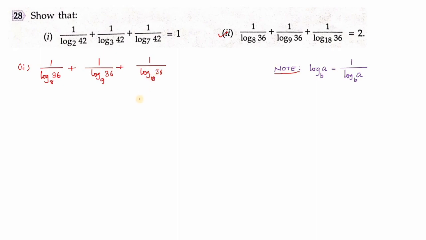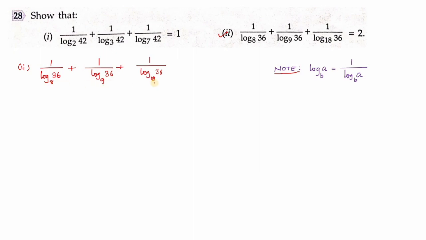Alright, so basically you see here we have 36, 36, 36. Okay, so they are argument but the base are different. So you have to make your base equal. You have to keep that in mind.